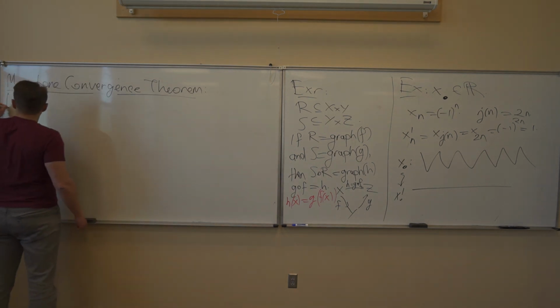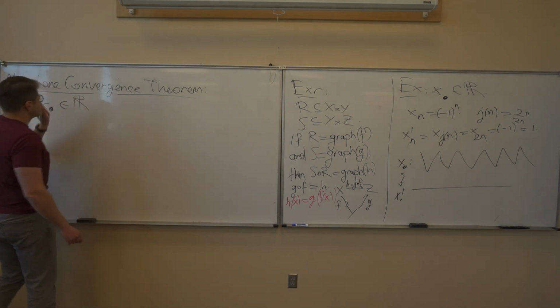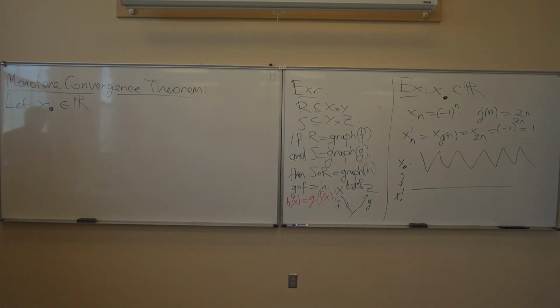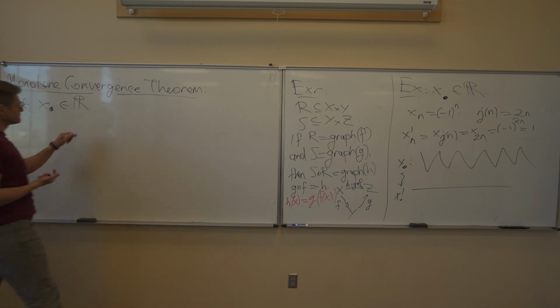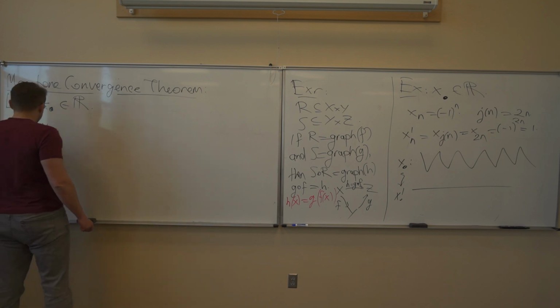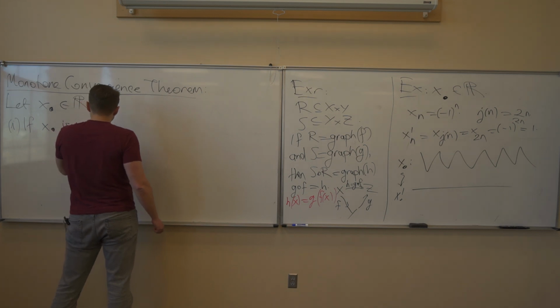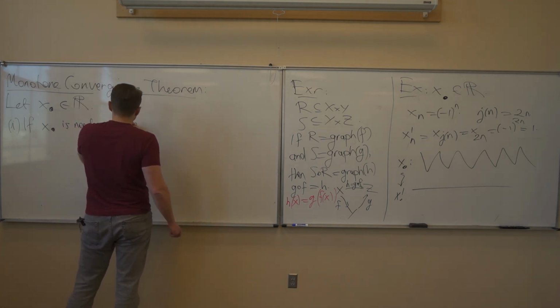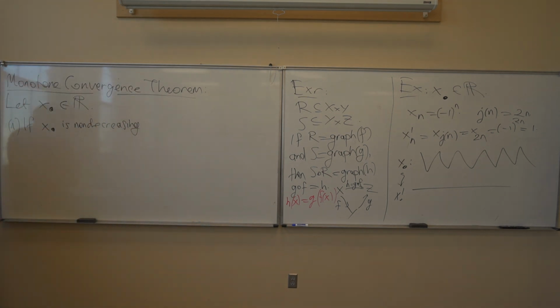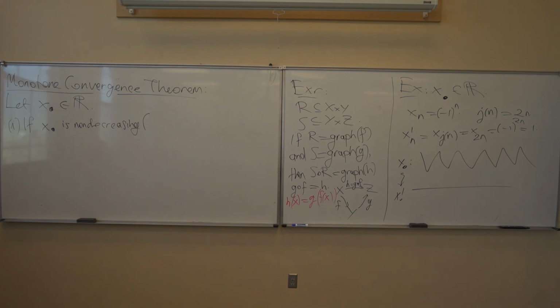Let x bullet be a sequence of real numbers. Part one: if x bullet is non-decreasing, and you can also see the word increasing, aka increasing.